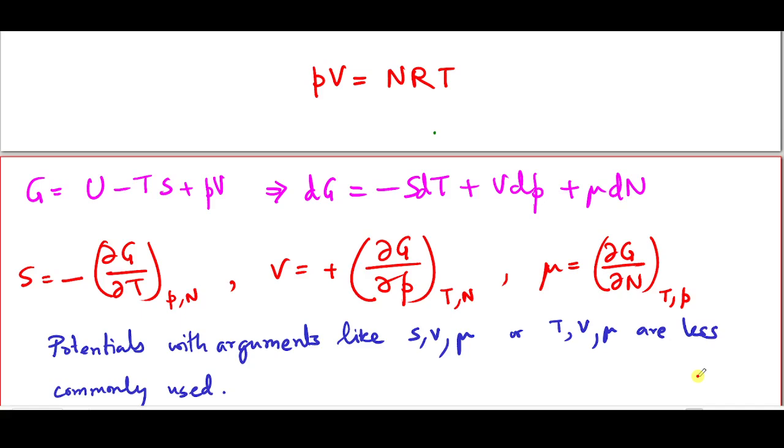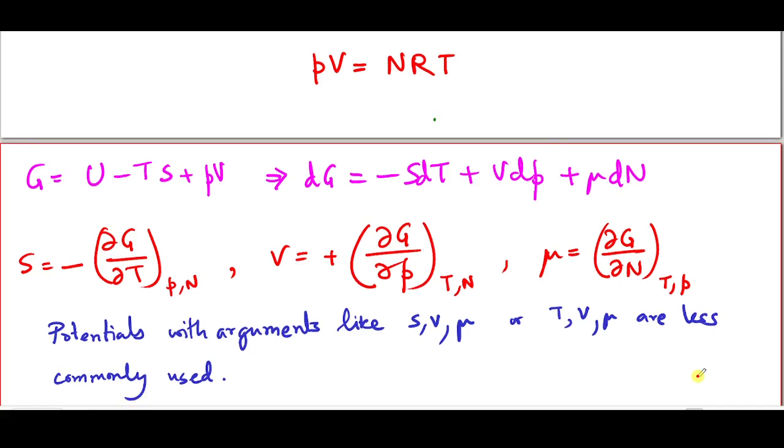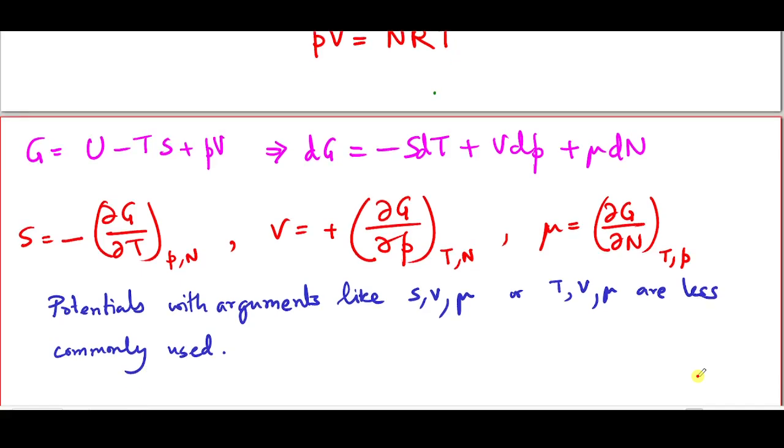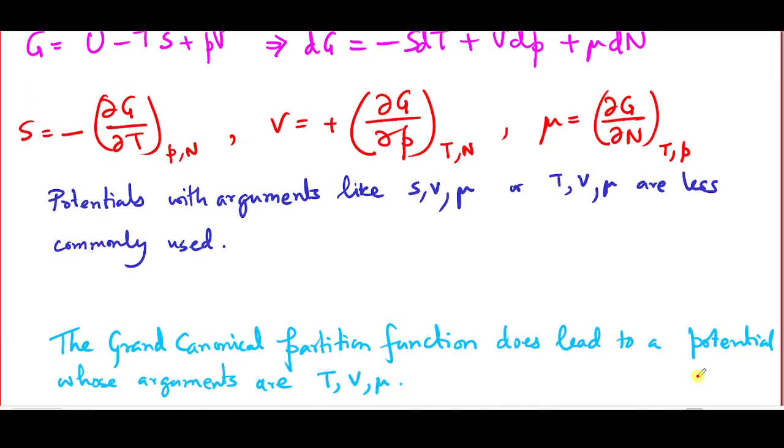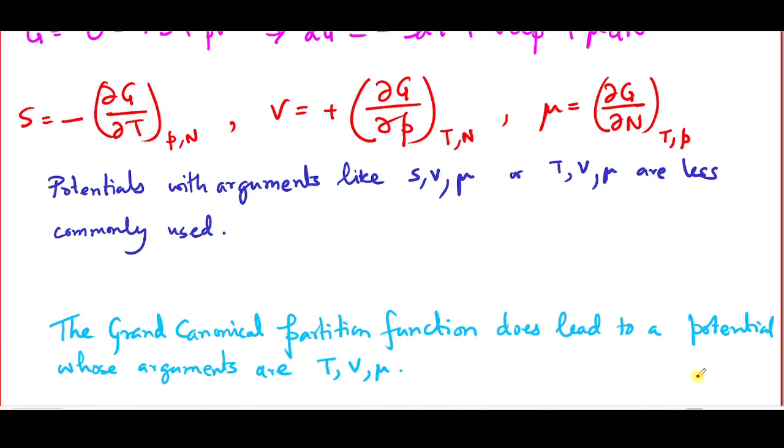These are less commonly used. I must stress though that if you are studying statistical mechanics, especially statistical mechanics of the grand canonical ensemble, you will get something called the grand canonical partition function, which leads to a potential whose arguments are really T, V and mu. So while these possibilities are less common, you can definitely have that.